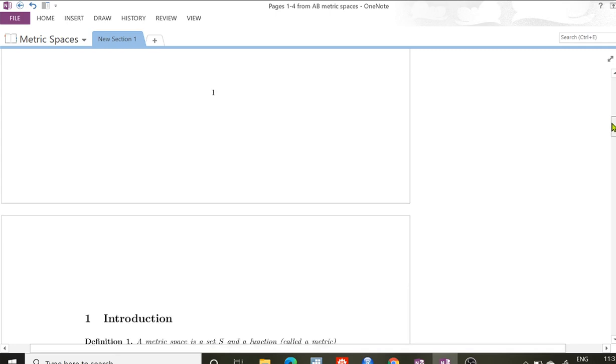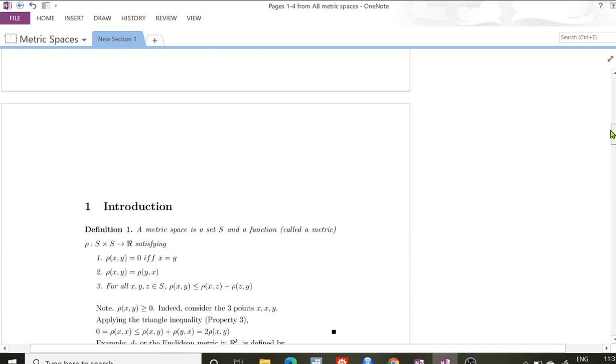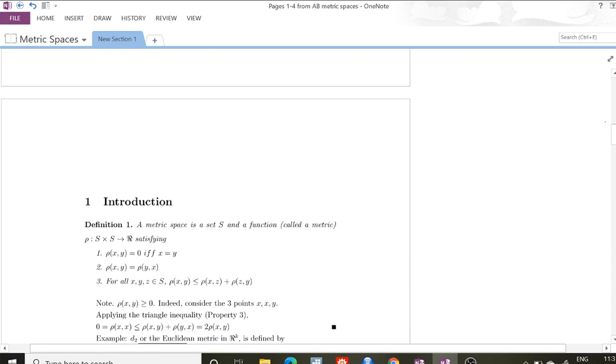Okay, so let's start with the definition of a metric space and try and map it to a diagram. So it says here, by the way, I do hope that all of this is visible.